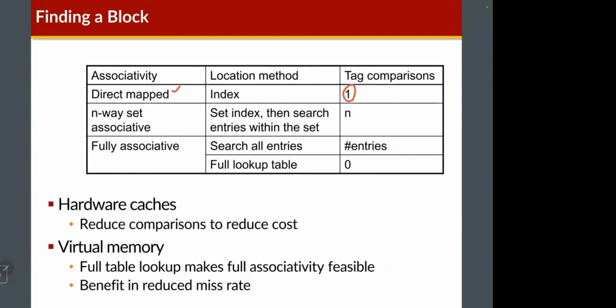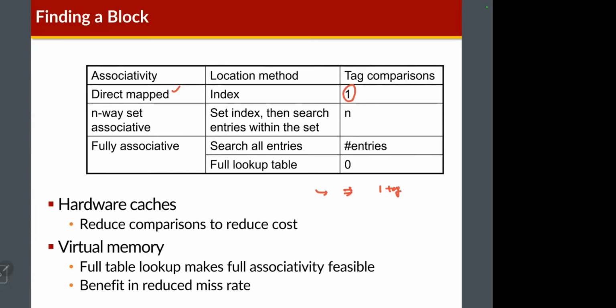For the direct map cache, we can compare only one tag. Once the set index is determined, we can access the target set of the cache, and then we can read the one tag, because only one block is stored in the target set of the direct map cache. So we require one tag comparison.